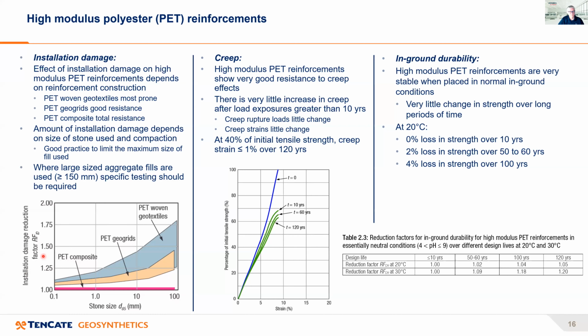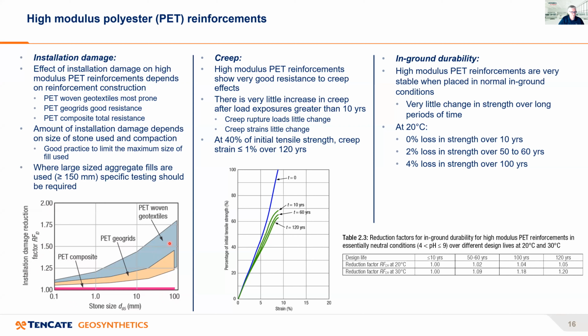So as the factor gets bigger, we're doing more damage to the reinforcement versus the size of stone that we're compacting against the reinforcement. And what you can see here is that the polyester woven geotextiles, they're the ones most prone to installation damage. And that's the green area here.